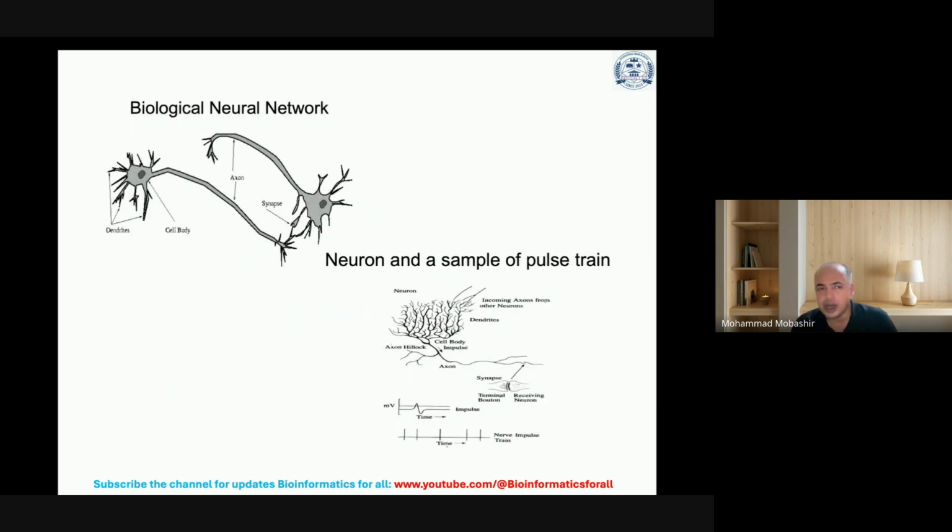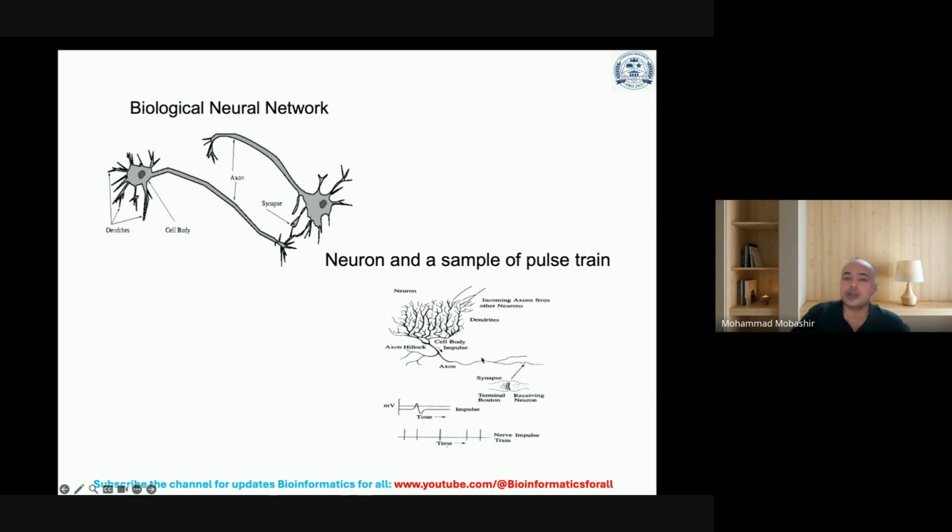Now, a biological neural network could look like something, in terms of structure we are talking, for example, dendrites, cell body, synapse, axons, and then this information could flow in this way. And if you have seen some of the brain mapping, it could look like this, pulse up and down here. This is impulse. So this has certain values, mV in terms of volts, and then the nerve impulse training starts here.